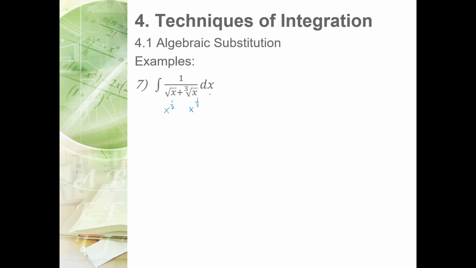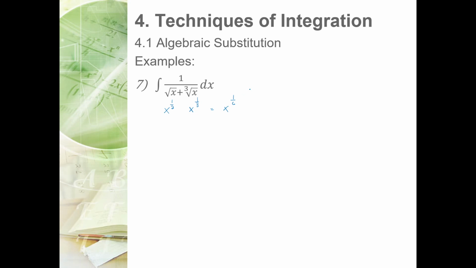Okay, so understanding that format, we need to represent it in one big radical expression that we can eliminate later. My style here is I just multiply the exponents. So of course this becomes x to the 1/6.